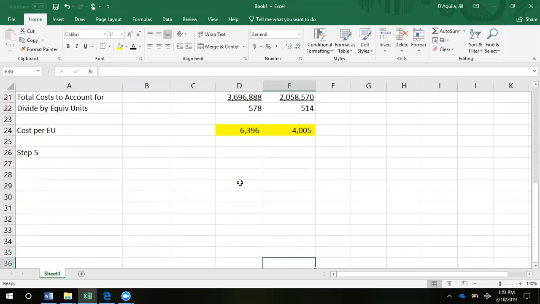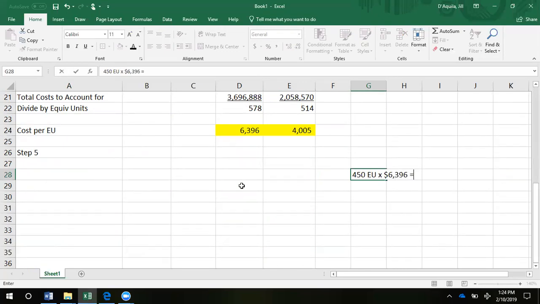So for step 5, I guess I will just take some notes over here: 450 equivalent units times $6,396 gives me the number that I will need to put in this box here.